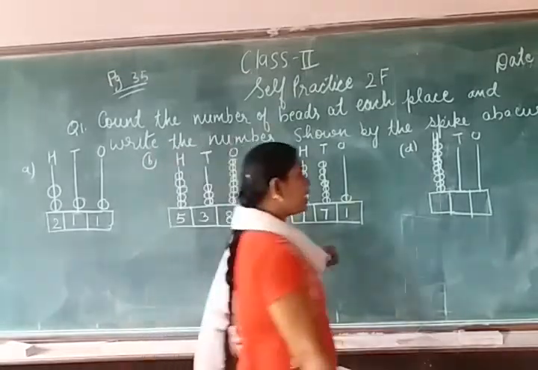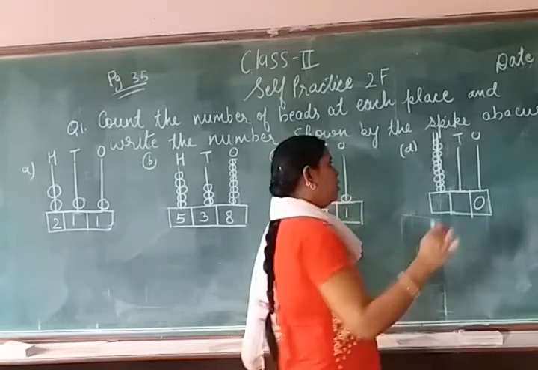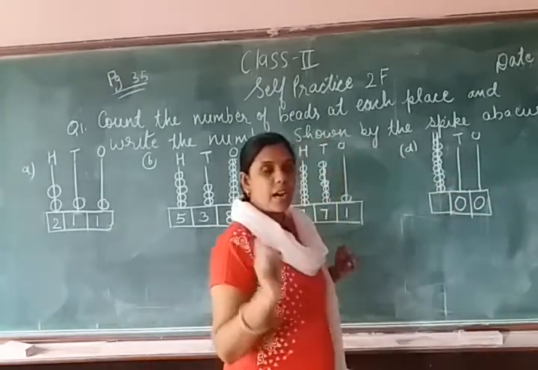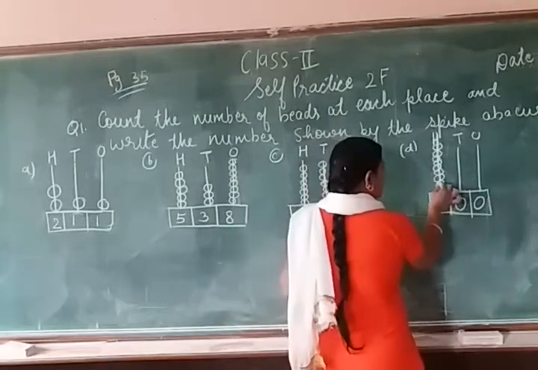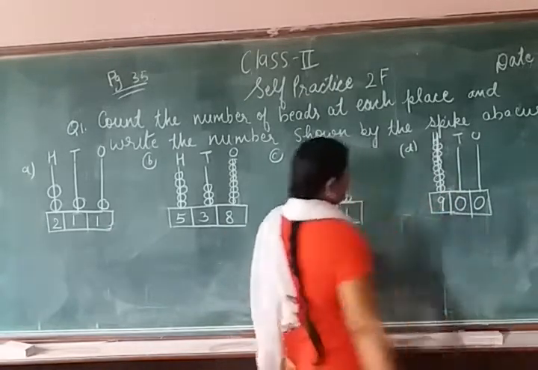Now the next. Beads at the 1's place, no beads. That means you have to write 0. Beads at the 10's place, no beads, 0. Now beads at the 100's place. Count 1, 2, 3, 4, 5, 6, 7, 8, 9. 900. Okay.